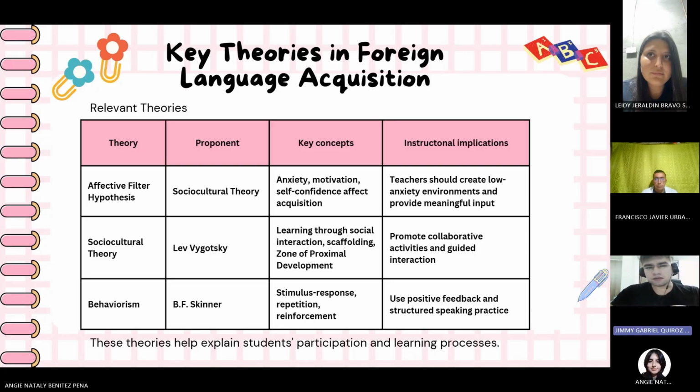In my opinion, this shows that learning a language is not just about grammar, but also about emotions and interaction. As future teachers, we should create a safe space where students feel confident and are not afraid to speak.